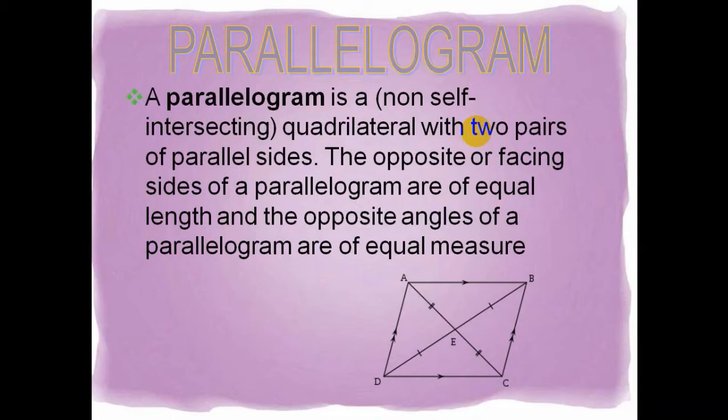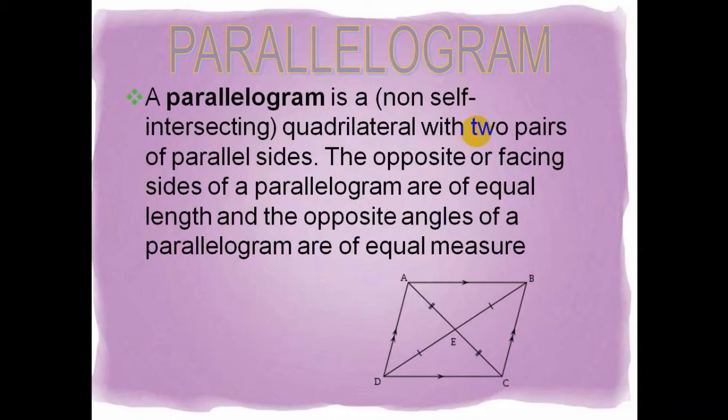Similarly, in a rectangle, the lengths of the opposite sides are equal and the measure of each angle is 90 degrees. But in a parallelogram, opposite sides are parallel, the lengths of opposite sides are equal, and opposite angles are equal. Not necessarily each angle will be 90 degrees, but the measures of opposite angles will be equal in a parallelogram.